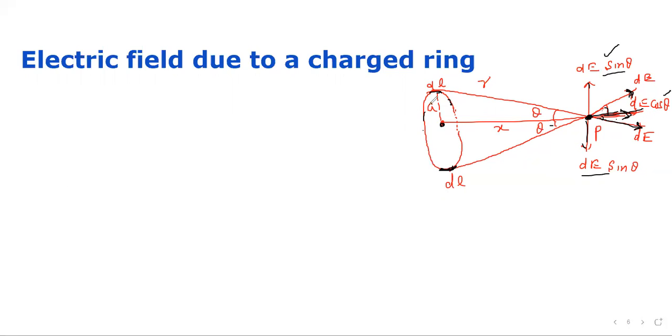Now, since charge Q is distributed over the periphery of the ring, the charge density lambda will be equal to Q divided by the length of the ring, 2 pi a.